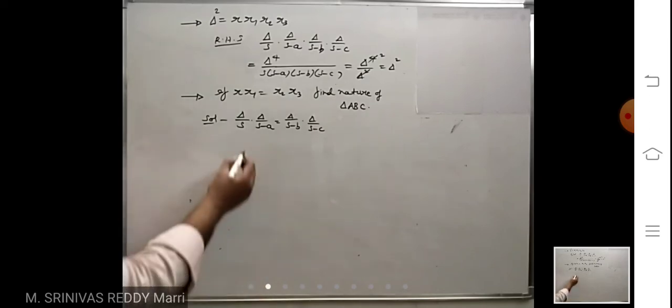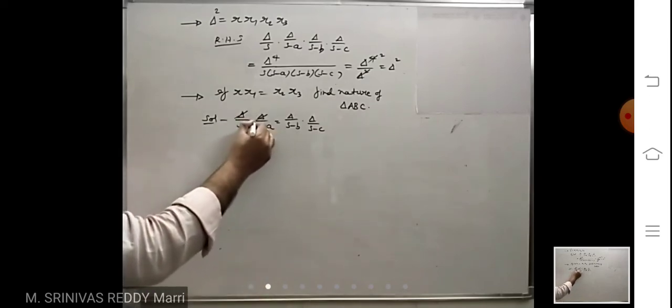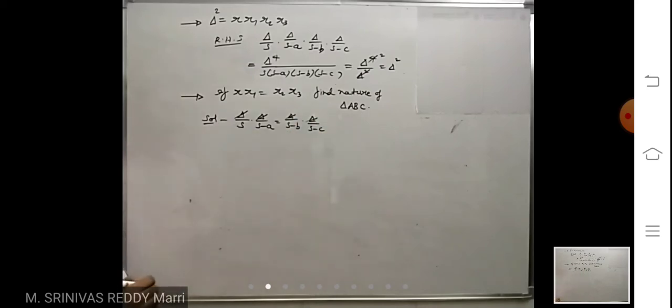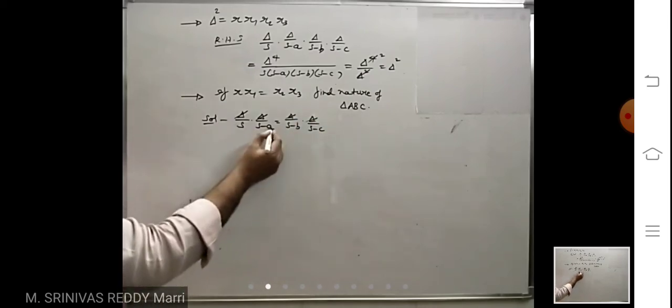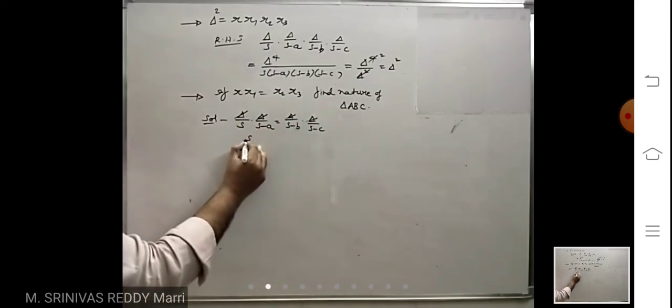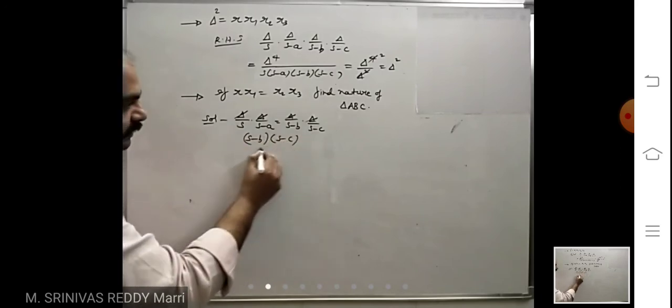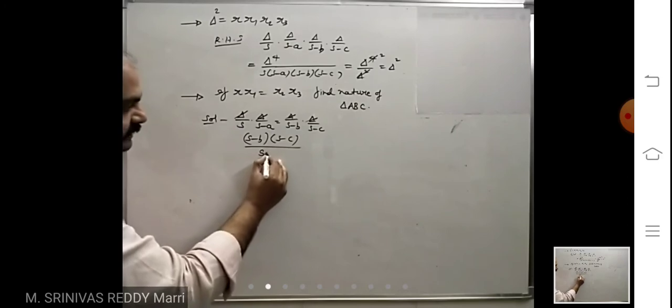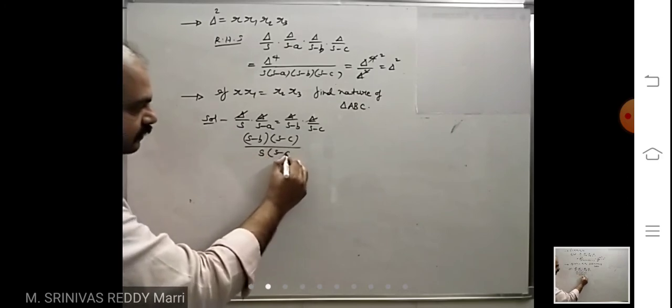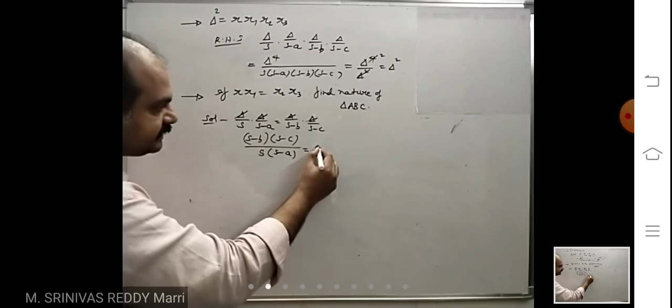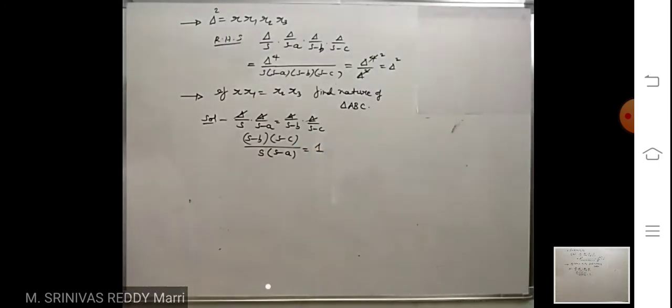Look, so this delta gets cancelled. Bring this side up: S minus B into S minus C divided by S into S minus A equals 1, right? So S minus B into S minus C equals 1.